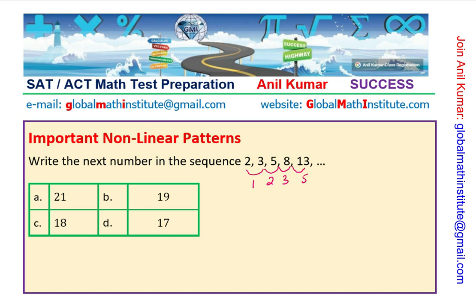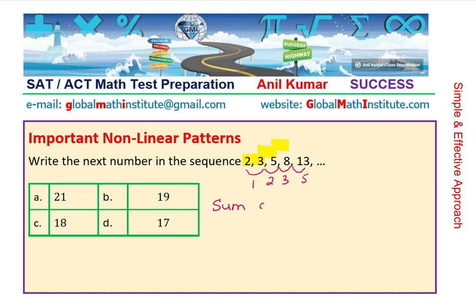But here is a very important thing to notice: what is the sum of the previous two? 2 plus 3 is 5, and then 3 plus 5 is 8, 5 plus 8 is 13. So that gives us the rule, right? Basically, we have to look for the sum of the previous two.